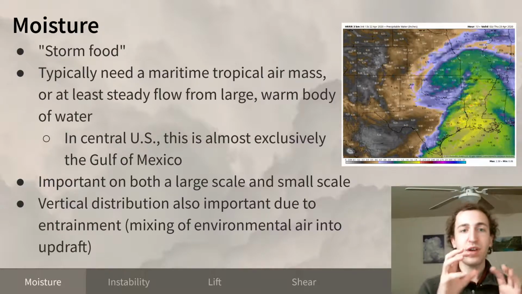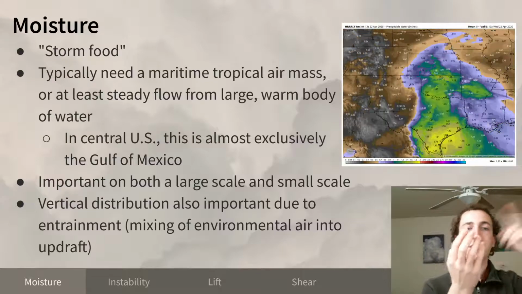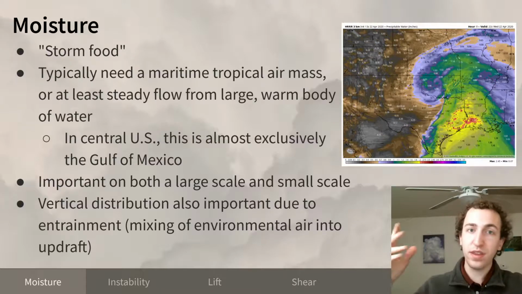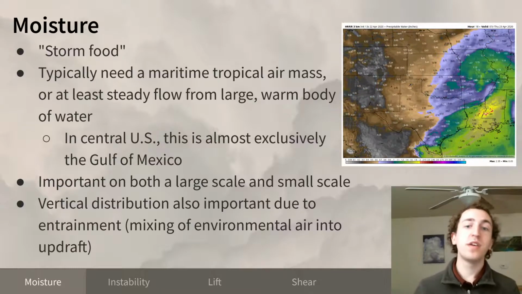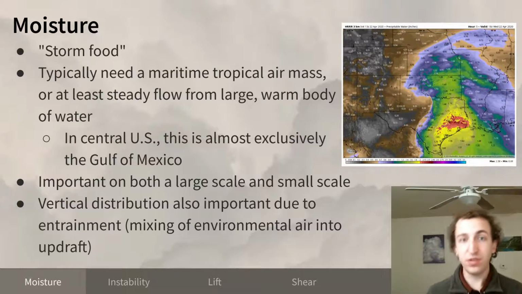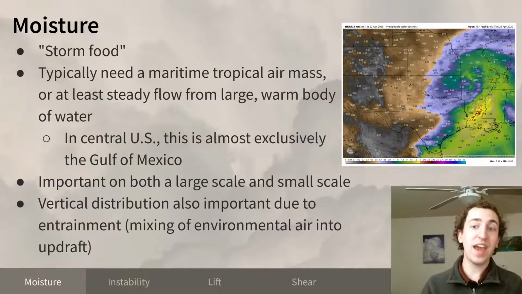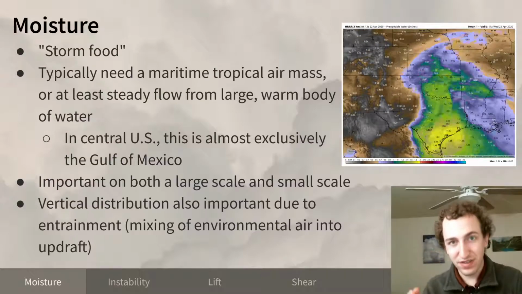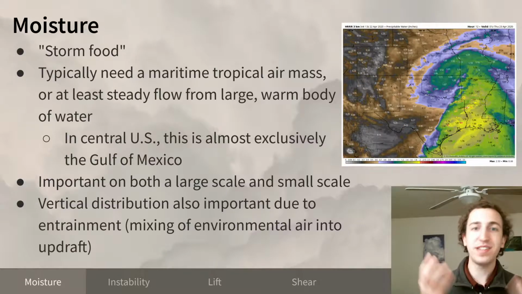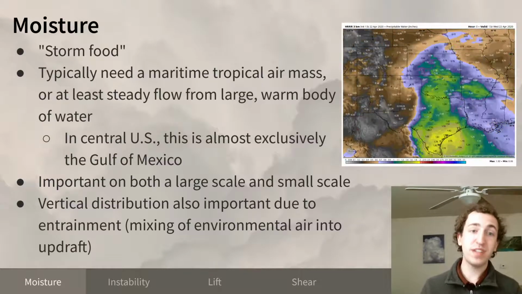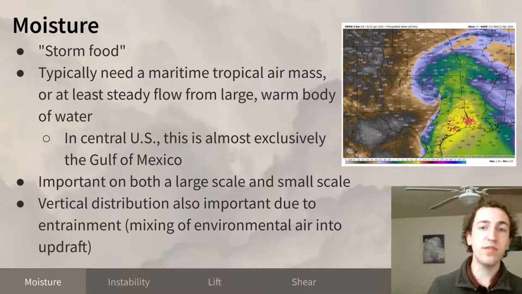So it isn't a pure isolated parcel. It mixes with the air around it in the mid and upper levels. So if that air is dry, it inhibits the updraft, the rising moist air. But if it's moist, it can more readily continue on its way.